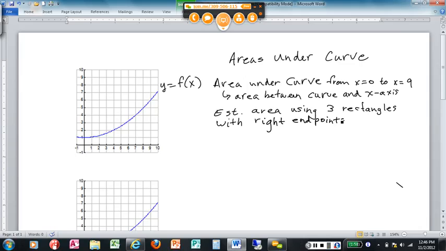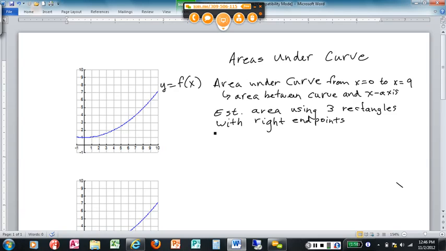First of all, I chose 3 because how many units am I talking about? From 0 to 9, that's 9 units there. 1, 2, 3, 4, 5, 6, 7, 8, 9. So this is going to divide up very nicely. How many units will be the width of each rectangle if I'm using 3 rectangles?